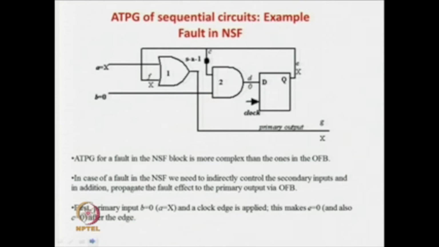So, in sequential circuit testing, we require that first the virtual primary inputs or secondary inputs, whatever you call them, have to be indirectly controlled, because they are the outputs of the flip flops, so they have to be indirectly controlled to some value that is required for ATPG. In this case there is only one flip flop, so you require only one step.